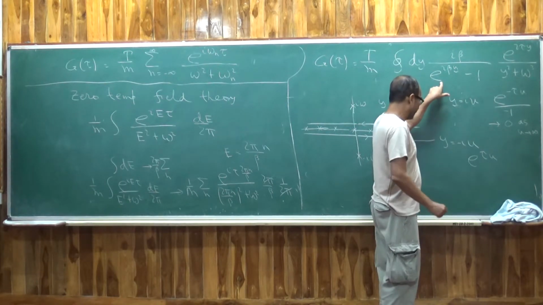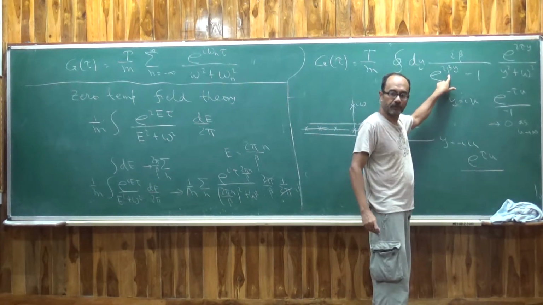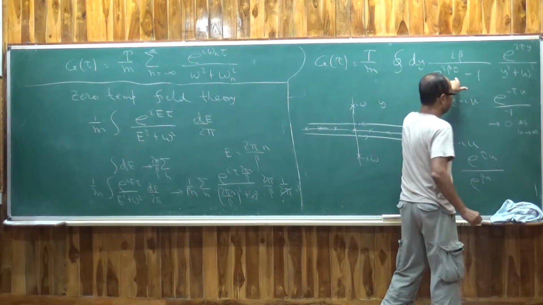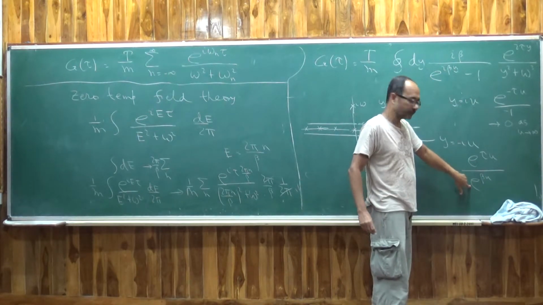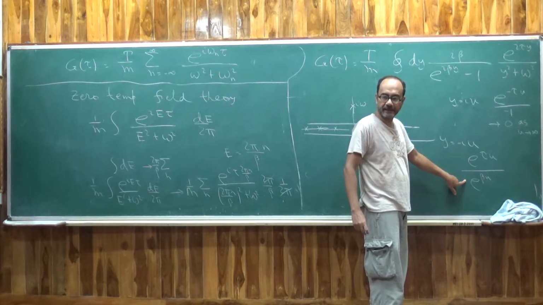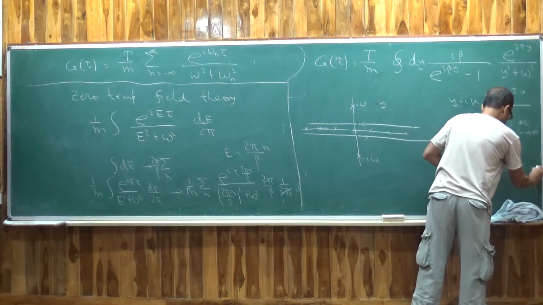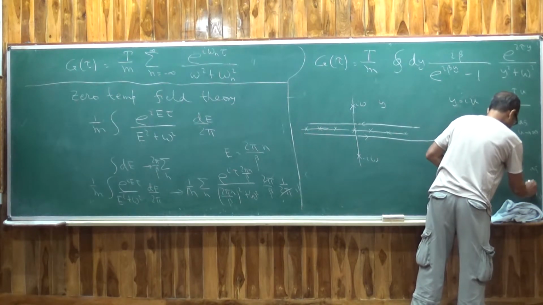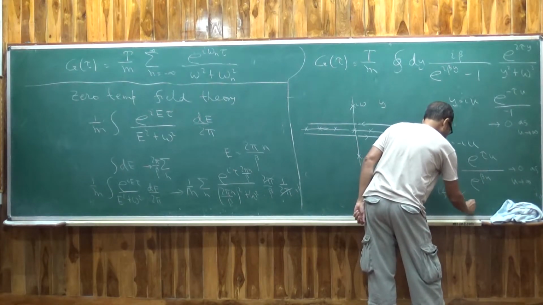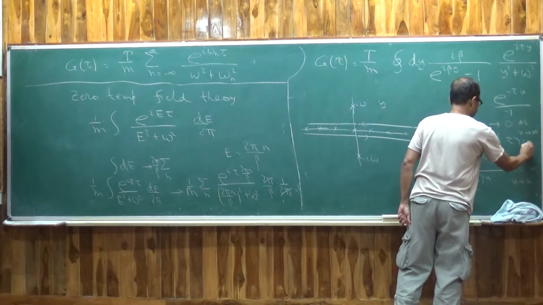But now you see the denominator goes as e to the beta u, and the minus 1 you can ignore because this is the dominant contribution. This ratio still goes to 0 as long as tau is less than beta. So this goes to 0 as u goes to infinity if tau is less than beta, and of course this requires tau is greater than 0.